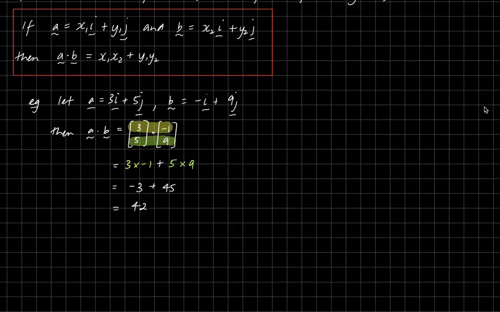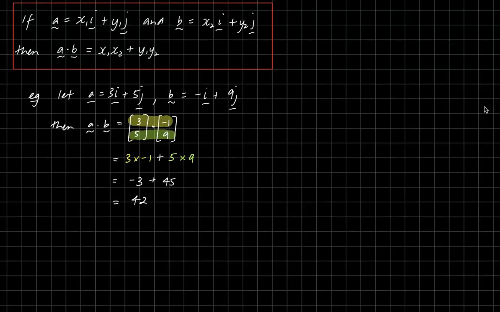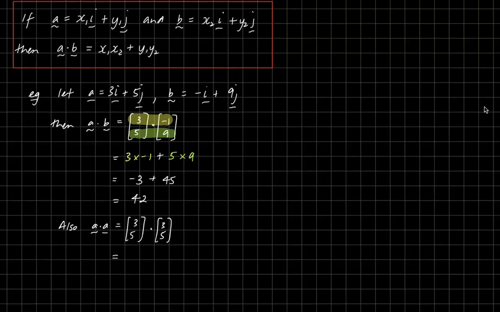Alright, let's think about a specific situation in this example. What if we were to take the dot product of A with itself, or the scalar product of A with itself? So that would be (3, 5) dot (3, 5). And so what we'd end up with is 3 squared plus 5 squared. And so 9 plus 25 is 34.